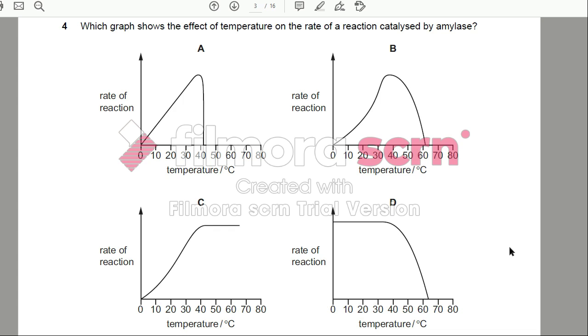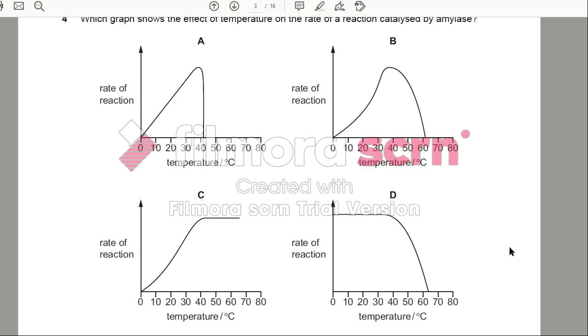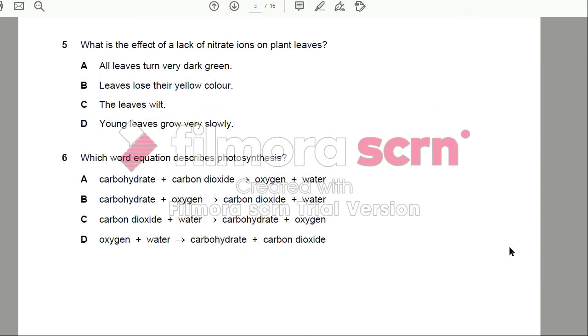After that, the enzyme is going to be denatured, and at around 60, the rate of reaction is 0. So it is the best answer according to the description of the question. So option B is the correct answer for question 4. Now we move to question number 5.